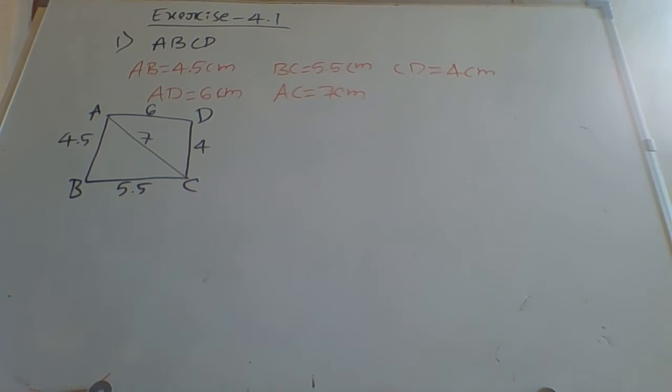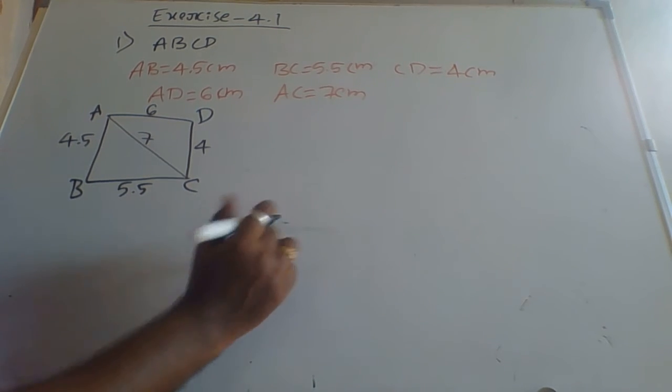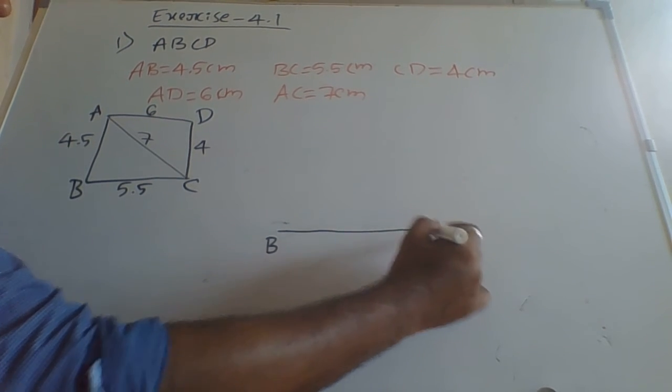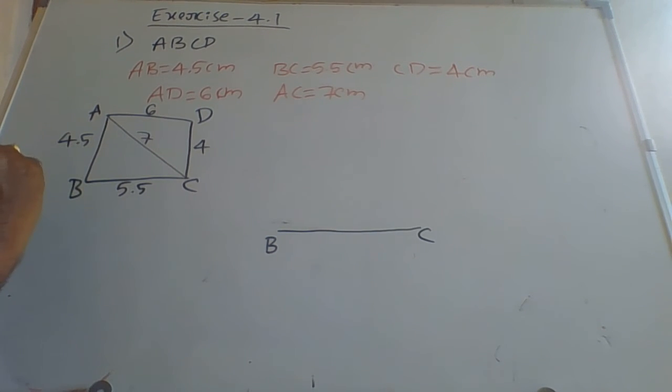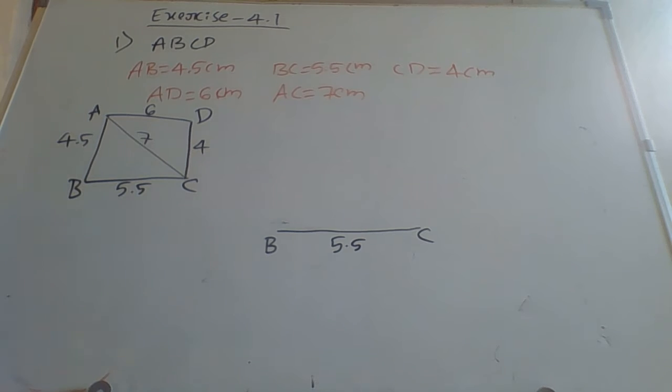Here I will consider this line BC as the baseline, which is 5.5 centimeters.